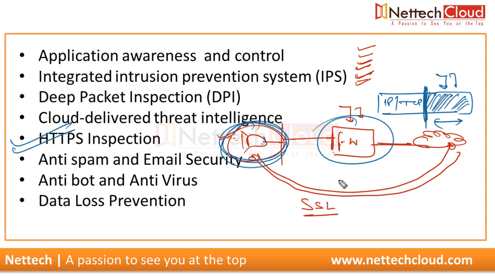No end to end encryption. It means two independent and separate tunnels will be negotiated. One tunnel between the client and the firewall and another tunnel between the firewall and the destination server. In this way, the firewall will have the decryption key, right?